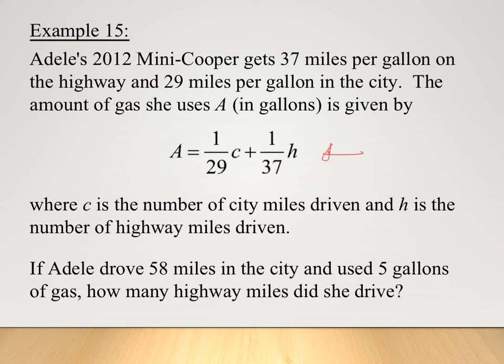A is equal to 1 over 29C plus 1 over 37H, where C is the number of city miles driven and H is the number of highway miles driven. If Adley drove 58 miles in the city and used 5 gallons of gas, how many highway miles did she drive? So we're looking for H in this particular case.